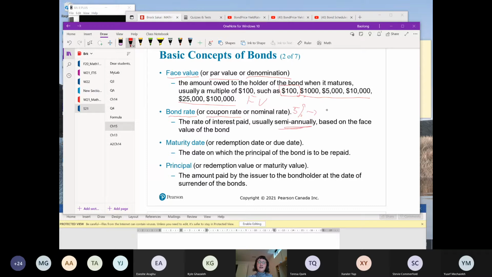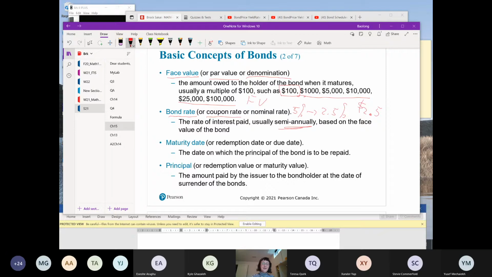Because it is semi-annually, every half year you have 2.5%. So the face value is 100, and every 6 months you are going to receive $2.50.